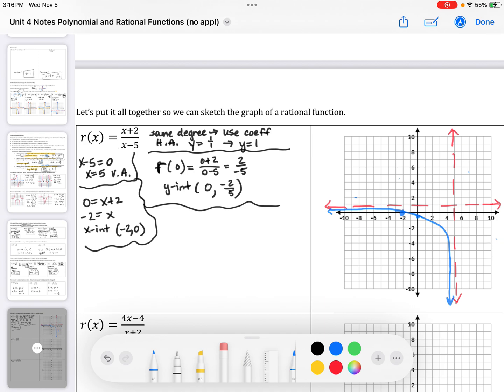And so the way you do that is you choose an x value on the right side, the other side of the vertical asymptote, and you plug it into your function to get a y value. So how about 6? So let's take our function and plug an x value of 6 into it.